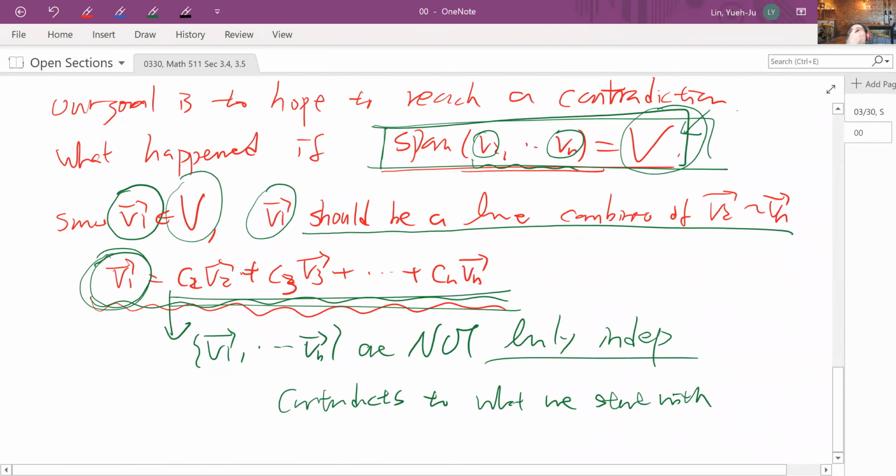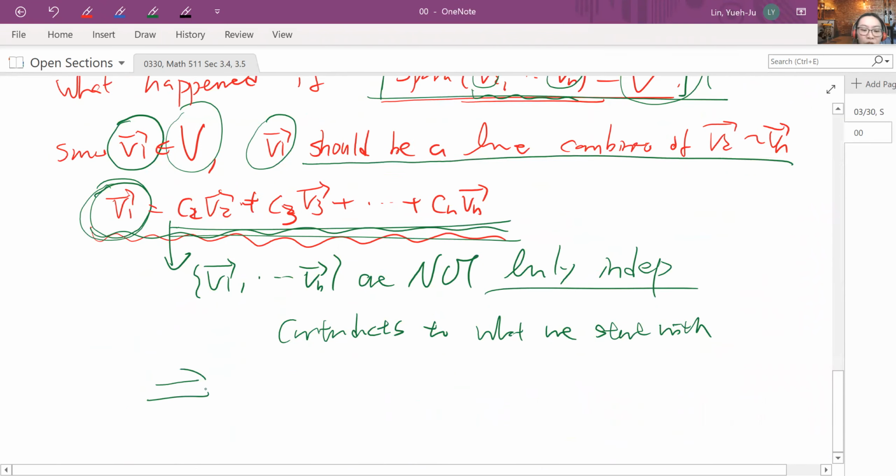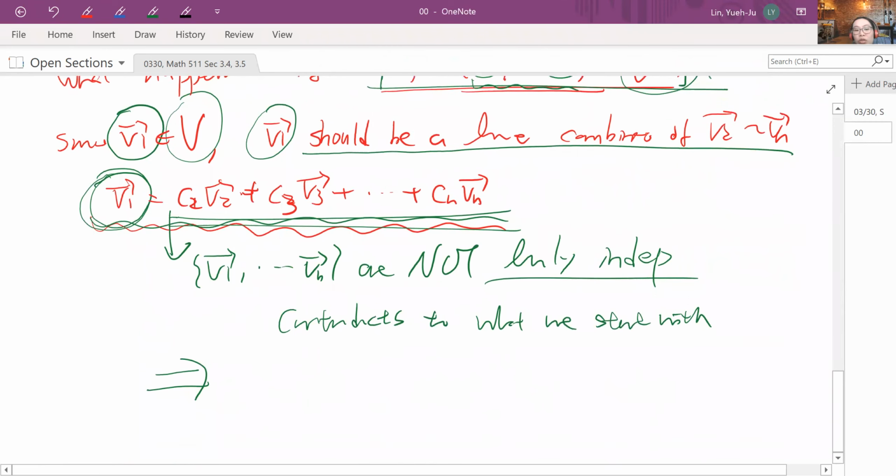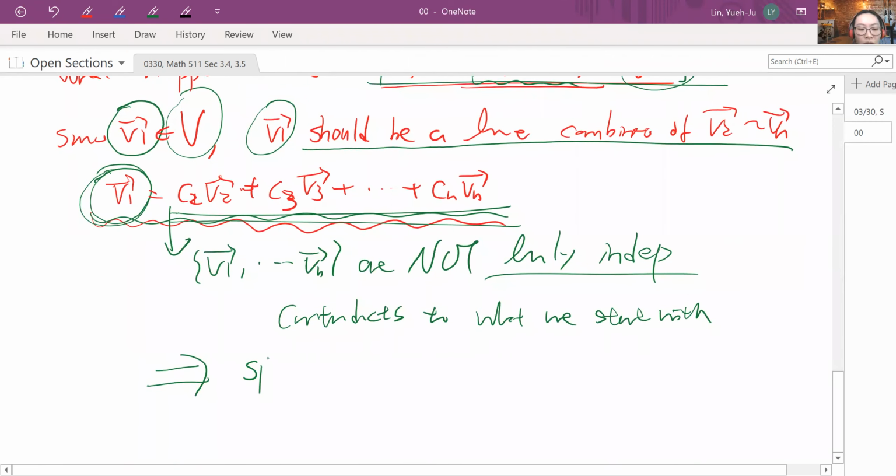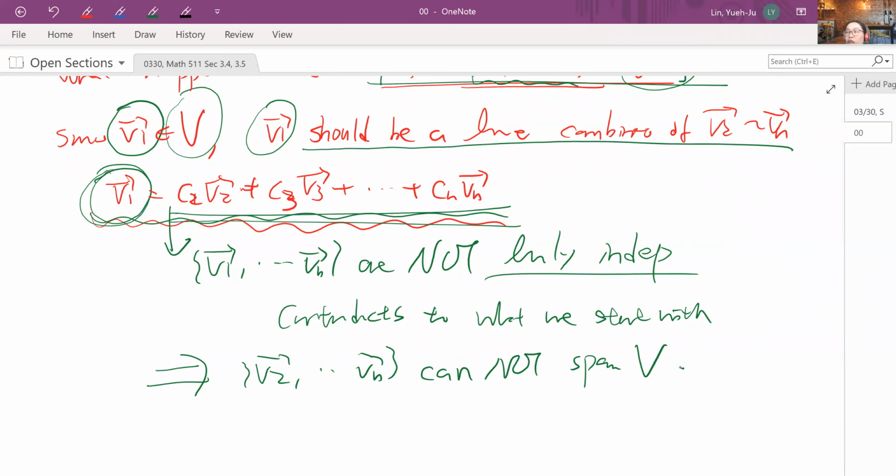Then it violates what we started with. So this just means that what we assumed here is wrong, meaning V2 to Vn really cannot span V, because if it could, it would lead to a contradiction.